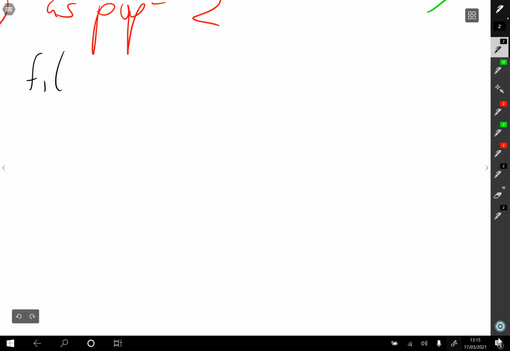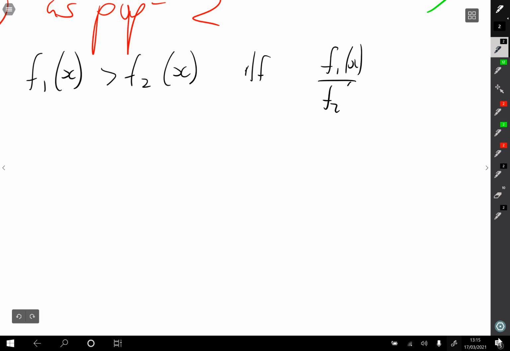So let's see if we can work this out. When is f1 of x bigger than f2 of x? Well, that's if and only if f1 of x over f2 of x is bigger than 1. The densities are positive, we know that.